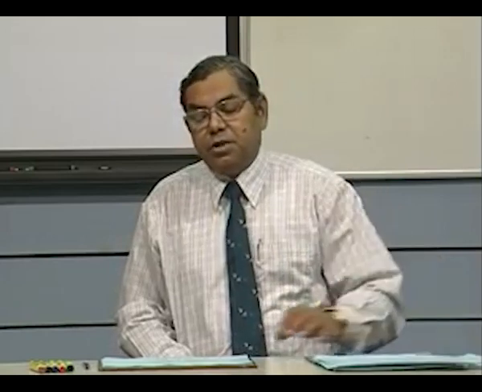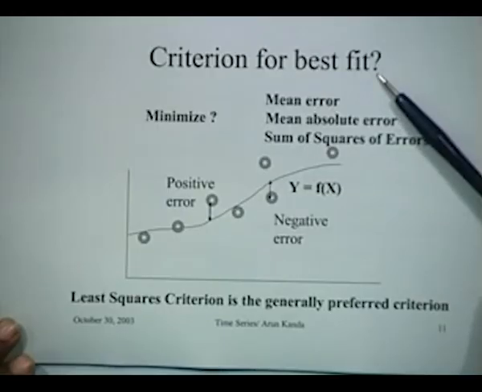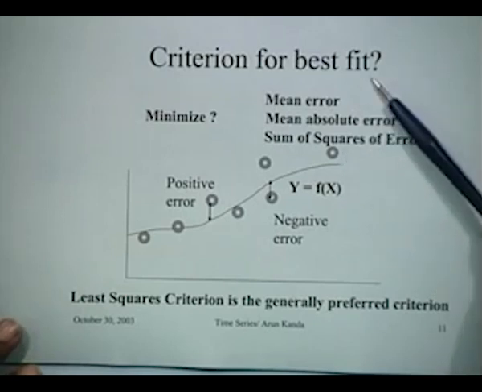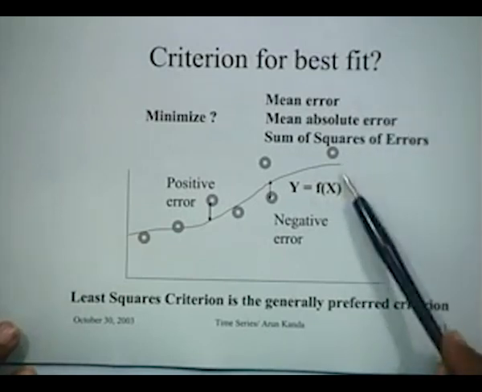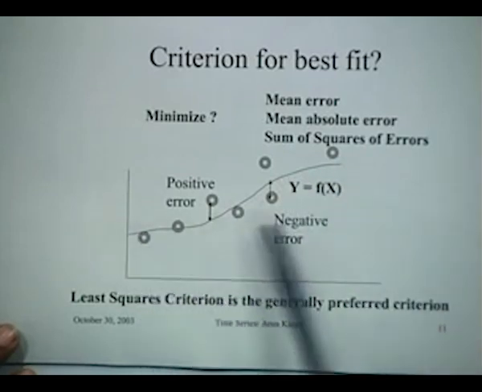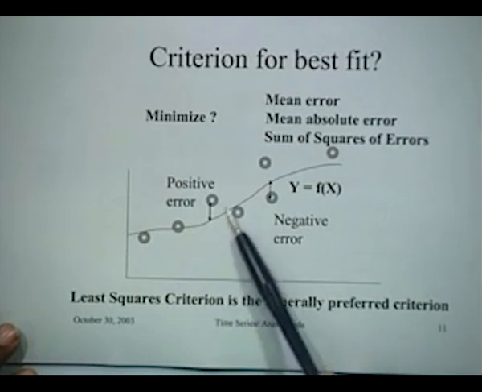In fitting a function, the question that arises very naturally is, what is the criterion for best fit? In fact, a number of criteria have been suggested for fitting this particular function. Whenever you fit a function y is equal to f(x), this is a plot of the function.